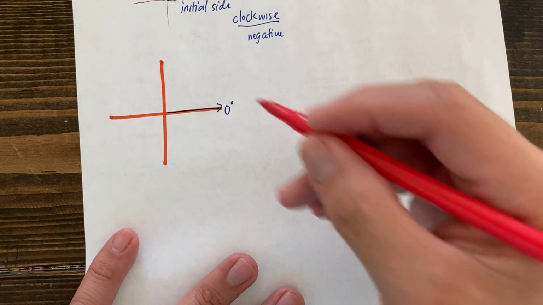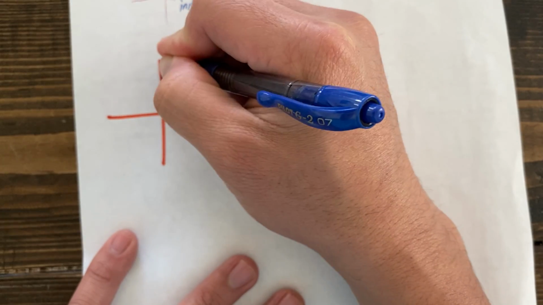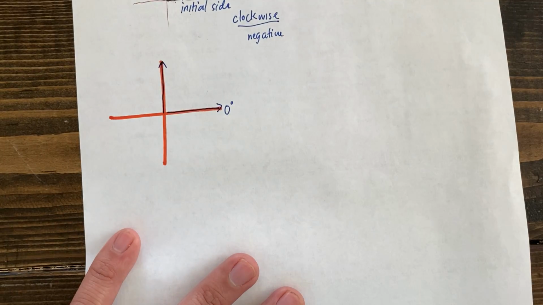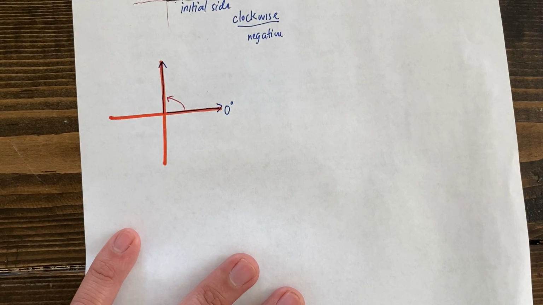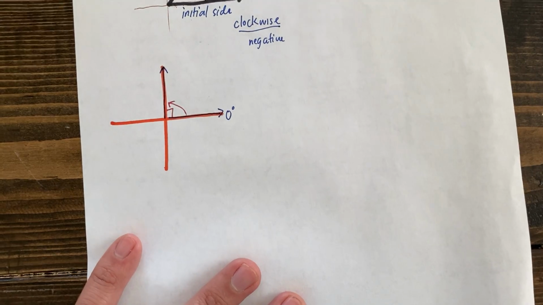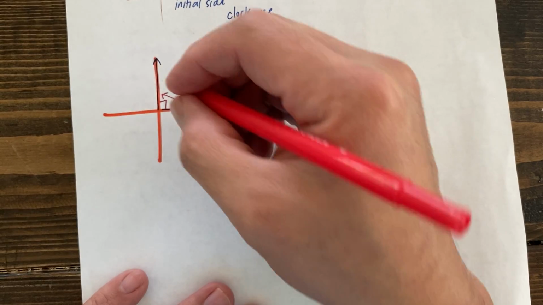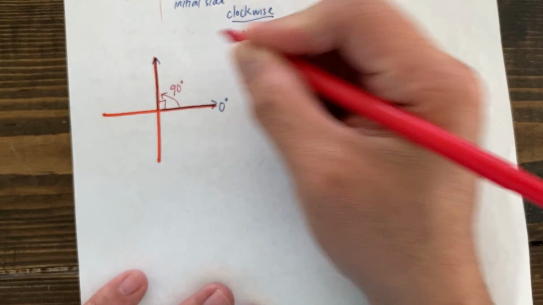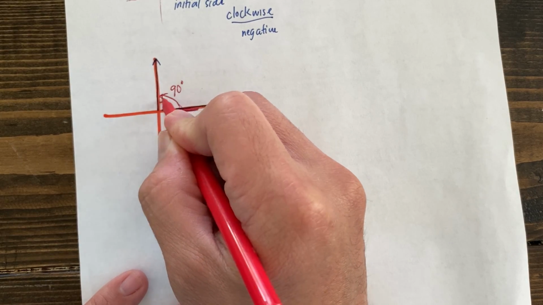And if our terminal side ends right here, it's assumed to be going counterclockwise. That measures the box. What's the box? Based on what we've learned before, the box measures 90 degrees. That's why from the initial side, going to here is just 90.